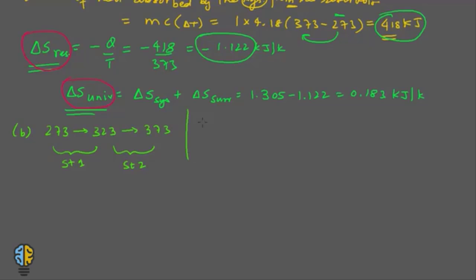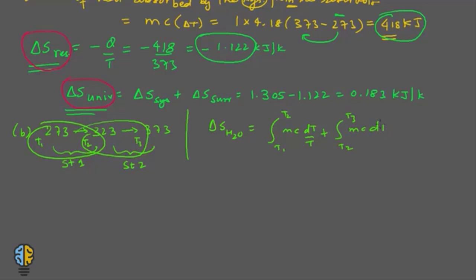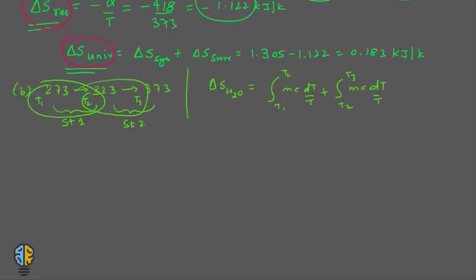Alright, so if you have to find the entropy change of the water, that is the system, this will be equal to, in two stages, this is T1, this is T2, and this is T3. So T1 to T2, and then from T2 to T3. So you'll have the integral from T1 to T2 of mc dT by T plus the integral from T2 to T3 of mc dT upon T. Isn't it simple as that?